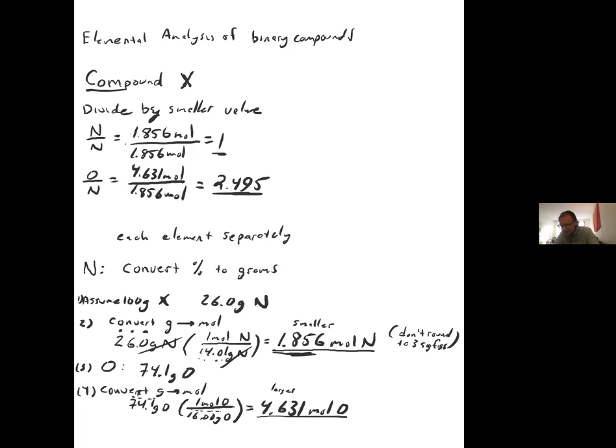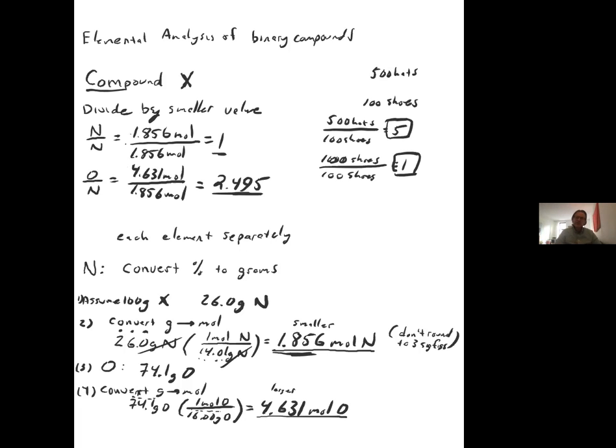If I had 500 hats and I had 100 shoes, and I wanted to know how many hats I have for every shoe, I would divide both of them by the smaller of the two. 100 shoes divided by 100 shoes gives me 1. See how you always get 1? Because you're dividing them both by the smaller.